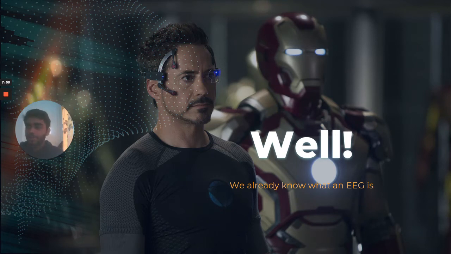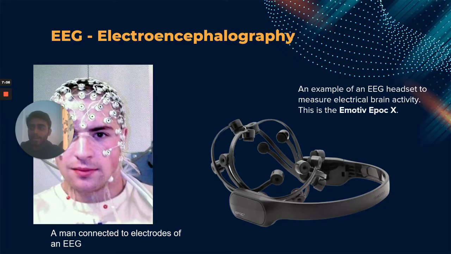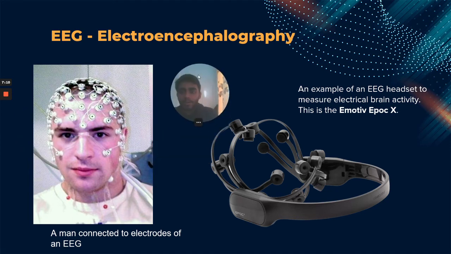Well, we already know what an EEG is. That's how Iron Man used to control his suit, right? So let's see what it actually is. This is a very laboratory kind of EEG, where you can see in this image the man connected to electrodes of an EEG, and there's a device that is available in the market. This is an EEG headset to measure electrical brain activity.